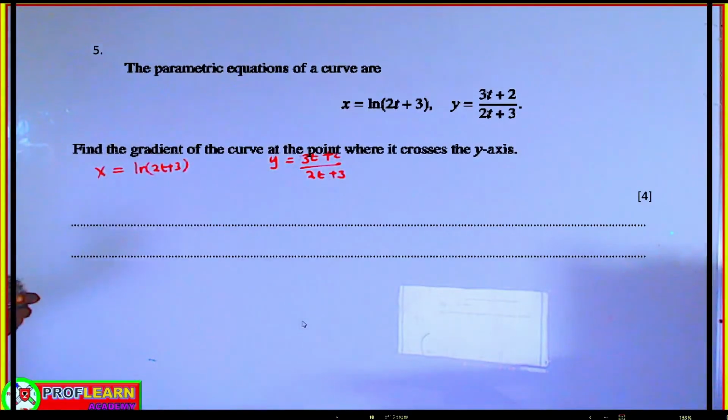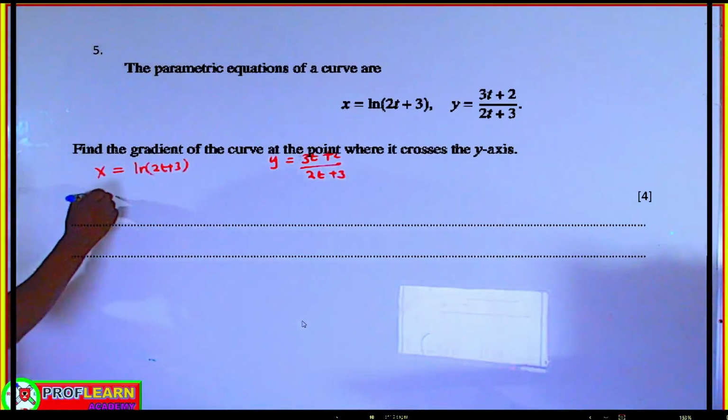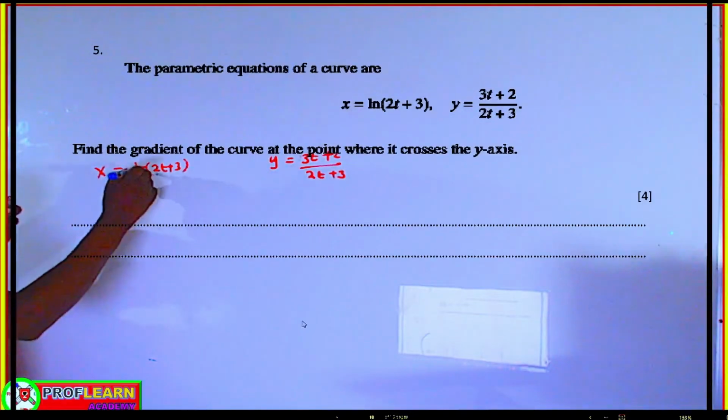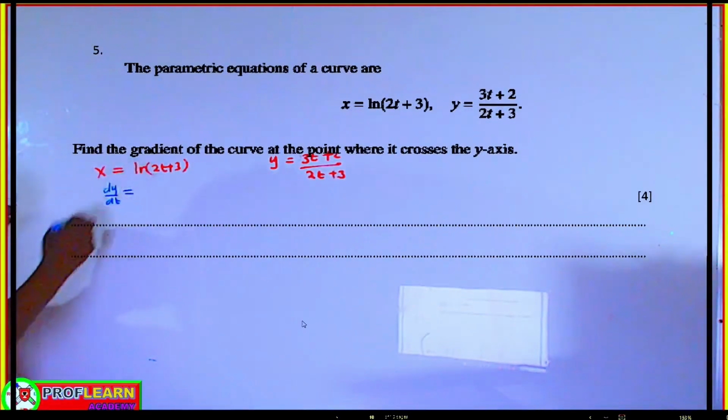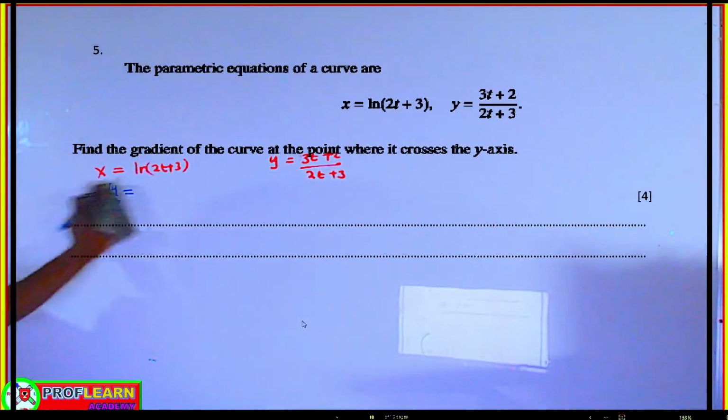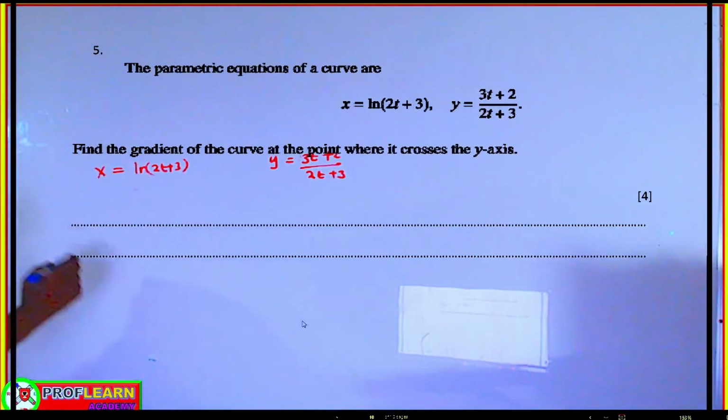So in order to differentiate this, we are going to work out dx dt. Whenever you differentiate ln of x, you get 1 over x. But now you see we have two functions, so at this point we can use u substitution.